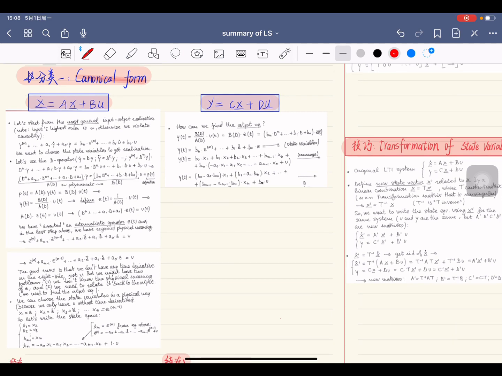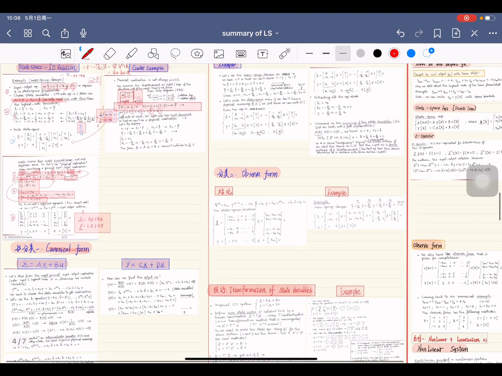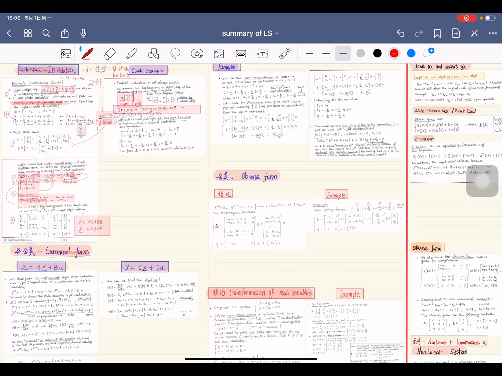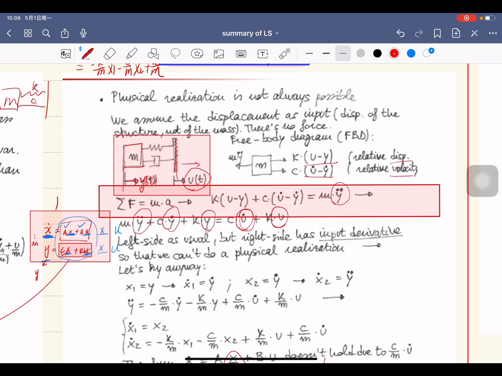Now, the type we will introduce is the canonical form and the observer form. When you calculate the state space variables, you will meet other situations, so these two forms focus on solving such problems. We just met this problem: it has derivatives of the output, but also derivatives of the input.